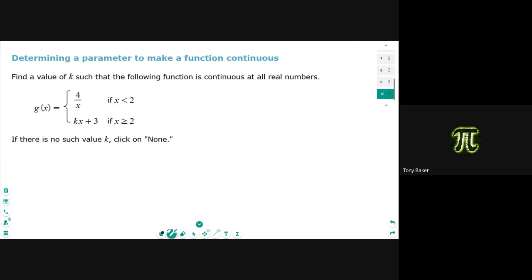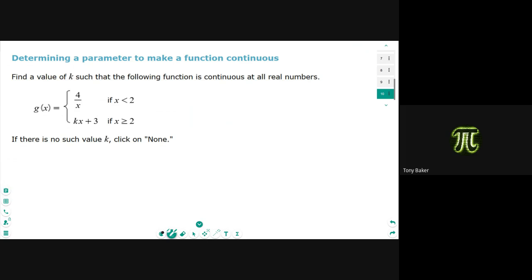So for there to be no discontinuity, the place where the piecewise meets has to be the exact same value in both functions. And there cannot be any other discontinuities in the function.